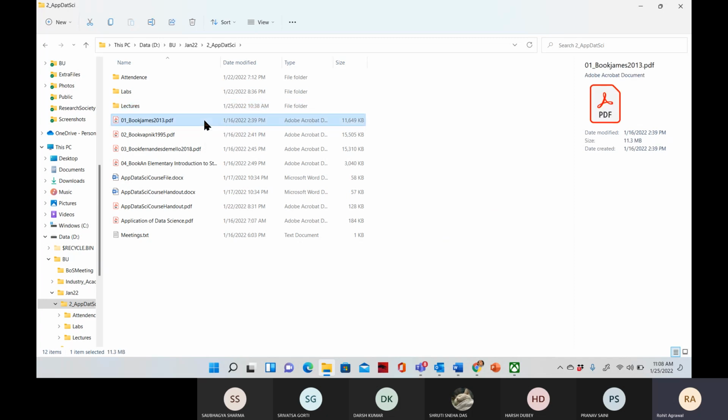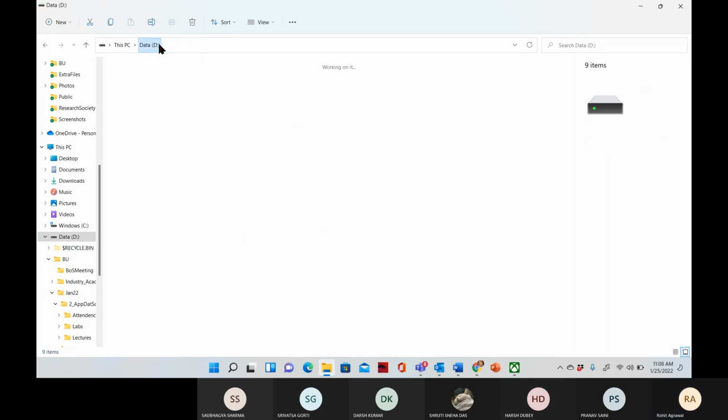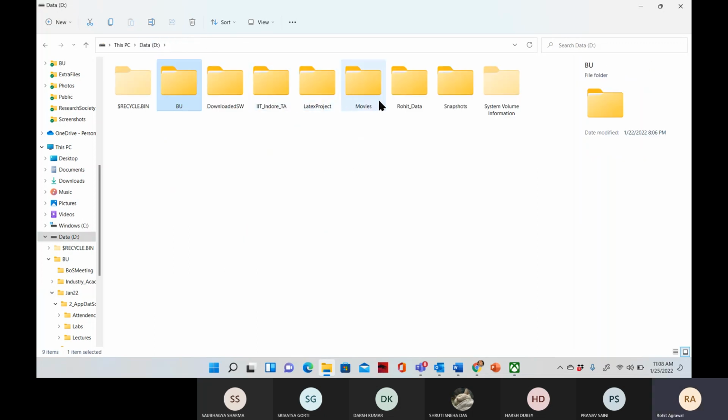So if you want, I can share the PDF. ठीक है, I cannot email because it is illegal. Illegally, I downloaded these books. ठीक है, so if you want, I can share. Okay, you just try the solution.